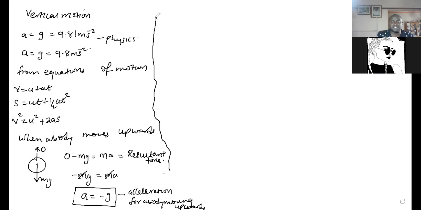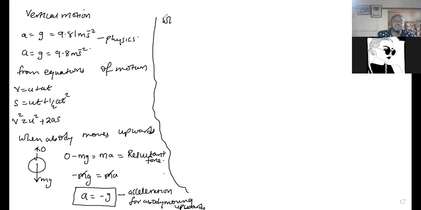So this is the acceleration of a body moving upwards. Now, unlike in math, they cannot ask you to show, but in physics, they can ask you to show that the acceleration of a body moving upwards is given by negative g meters per second squared. So you should be able to arrive at that.